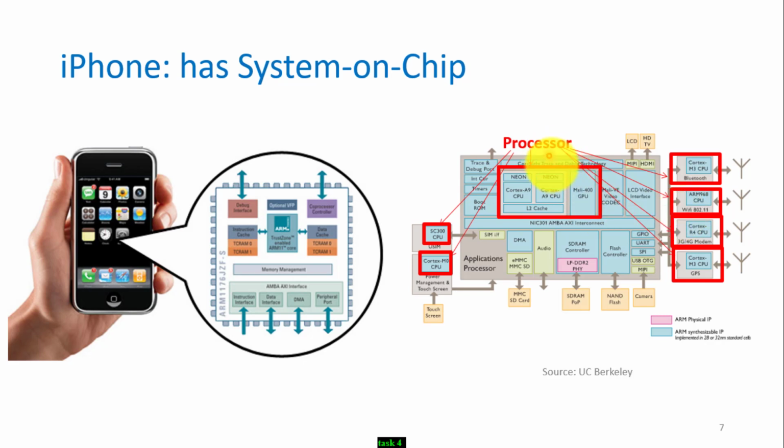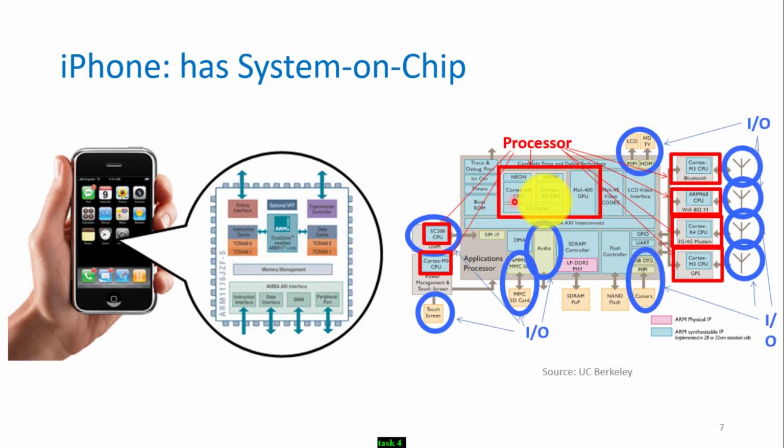We have a main processor, a processor for the touch and screen, and processors for GPS, Wi-Fi, and Bluetooth. They all have separate processors, but all of them are integrated within the same chip. This is our input output devices.